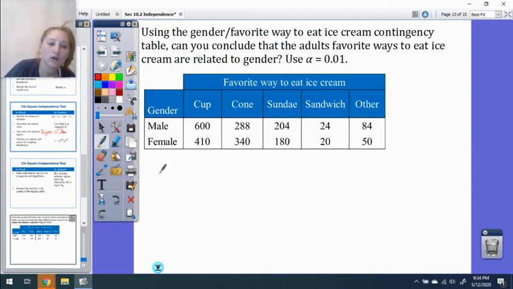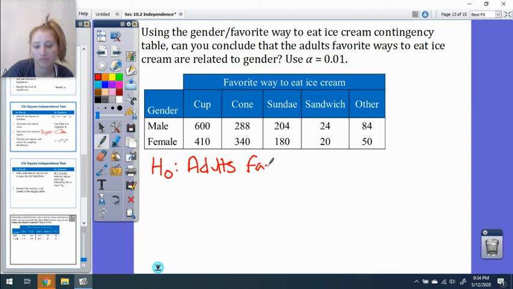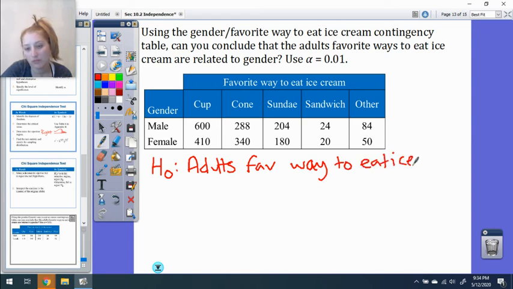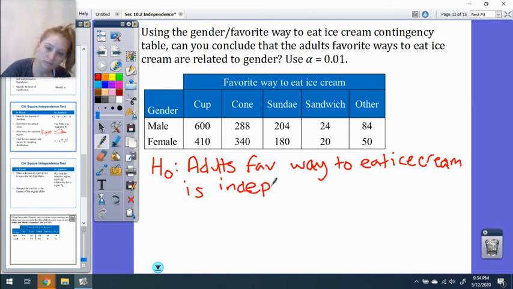So what we have here is a null hypothesis saying that adults' favorite way to eat ice cream is independent of gender.